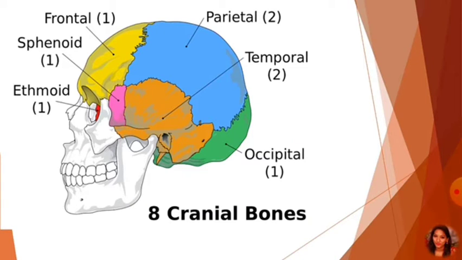Then there is a parietal bone on the upper side, but it is 2 in number because both the sides, right and left, are present. We can see that temporal is also 2 in number at both sides of our skull, and downward 1 occipital bone is there. So likewise, there are a total of 8 cranial bones in our skull.